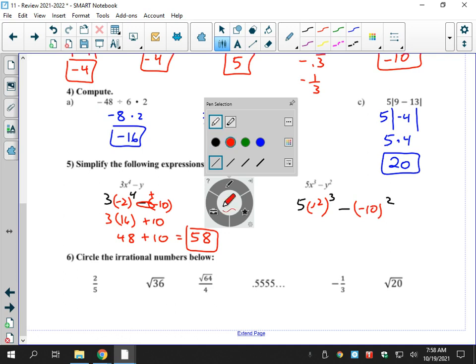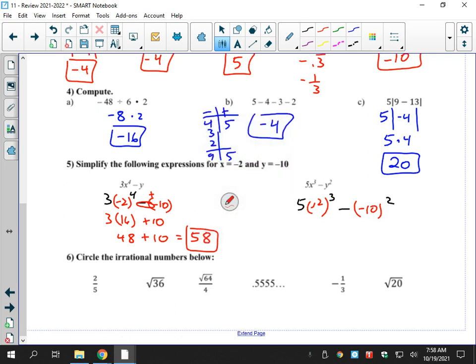Now notice you cannot combine that double sign there. Okay. -2 to the third is going to be -8 minus -10 squared is going to be positive 100. That would be -40 minus 100, right? It's that minus, because we brought the minus down there, is going to be -140.